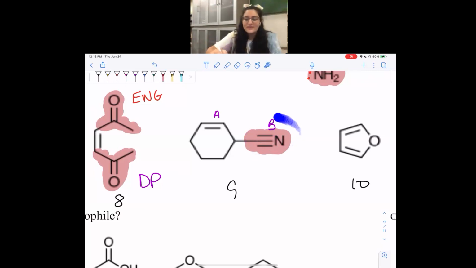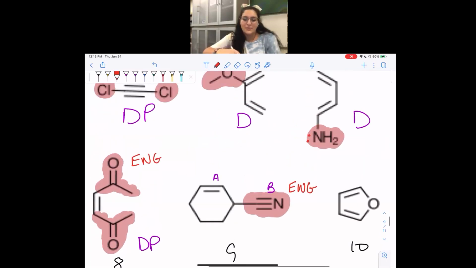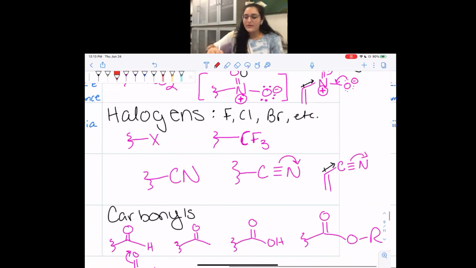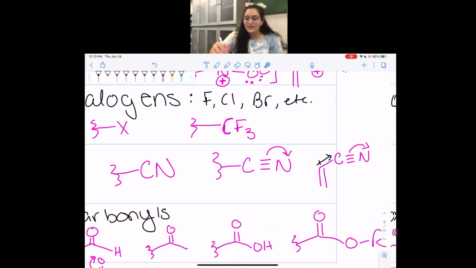And so what kind of substituent is this? Someone said electron withdrawing? Yes. So I would have to agree it is withdrawing. And someone actually had said, isn't nitrogen donating? Well, kind of. Nitrogen by itself is a donating group because it has a lone pair. However, we're not looking at nitrogen by itself.